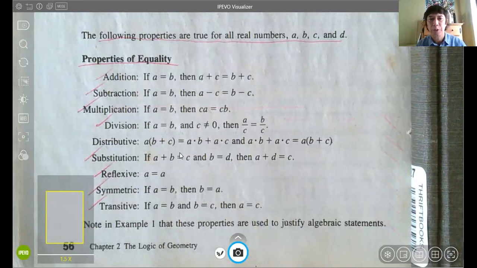Or you can substitute the D in place of B anywhere you find B. That's why you have A plus D equals C also. That's also true. So it's substitution property.